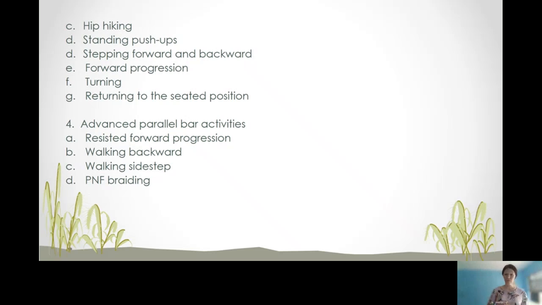You can ask them to do the following, which is also an advanced parallel bar activity: walking backwards, walking sideways, or a side step. You can add your PNF, thoracic, trunk, or arm, if they're very stable, leg PNF patterns, even in the parallel bars.